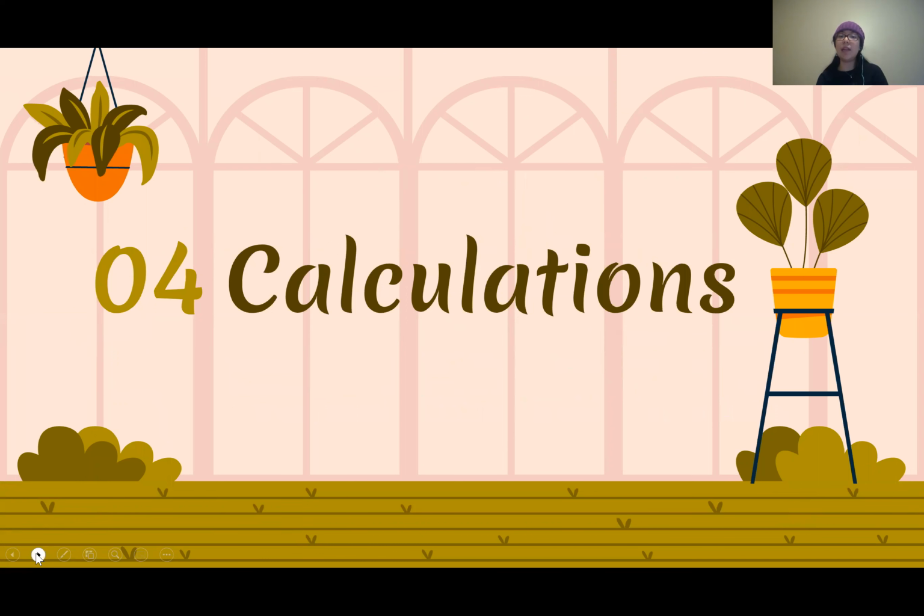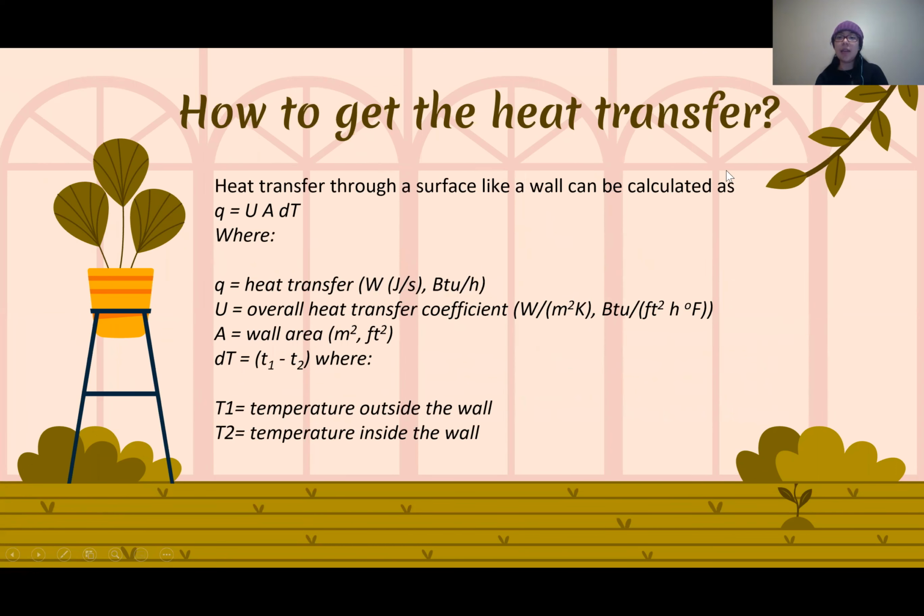Now let's talk about the calculations. The heat transfer is basically the only calculation you will need to make. It can be defined as Q, which is the heat transfer, the one you want to find; U, which is the overall heat transfer coefficient that will be in the list of materials you will receive that day; A, the wall area, which you will need to calculate from only one of the walls of the greenhouse.